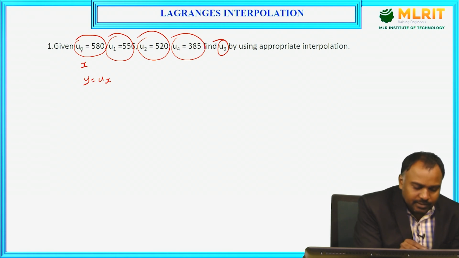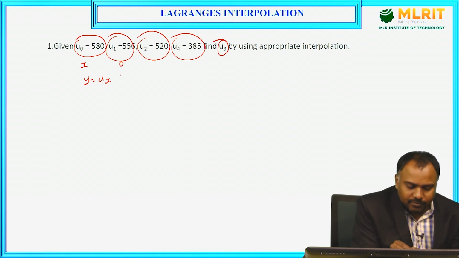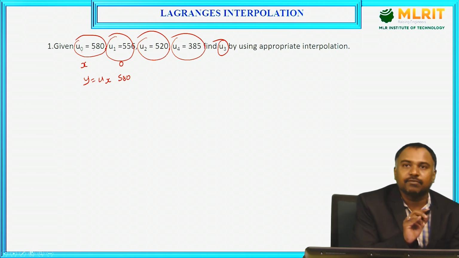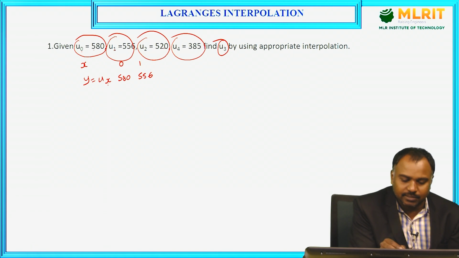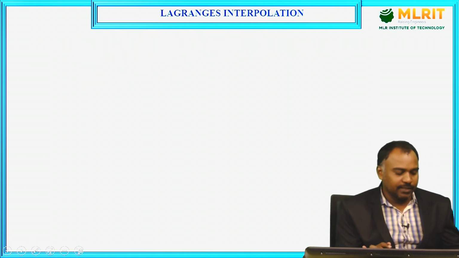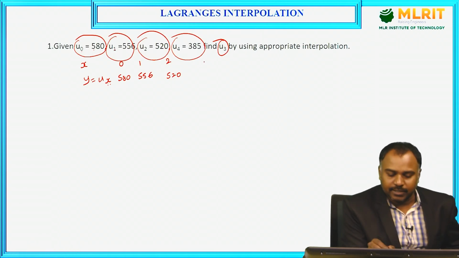Putting x equal to 0, the respective function value is 580, which is the given data. When x is equal to 1, the function value is 556. When x is equal to 2, the function value is 520. When x is equal to 3, which is not given, we need to find it. When x is equal to 4, the function value is 385.